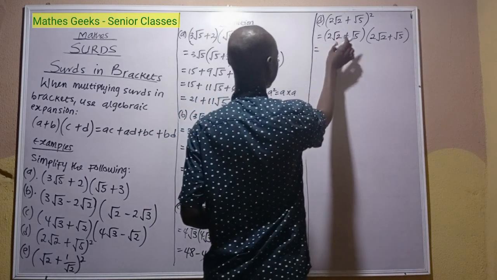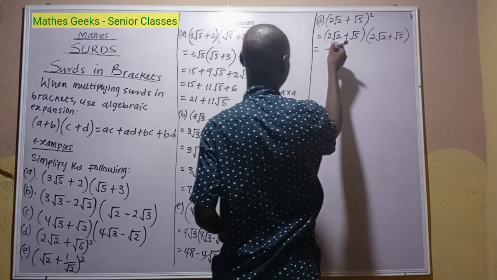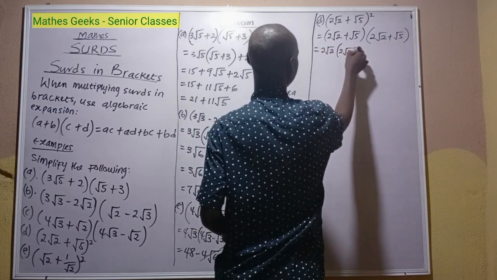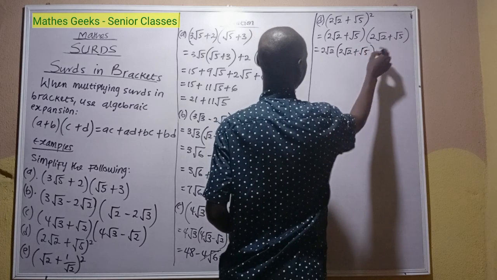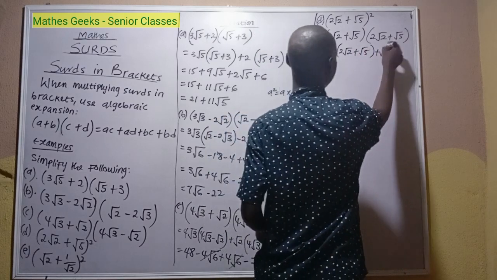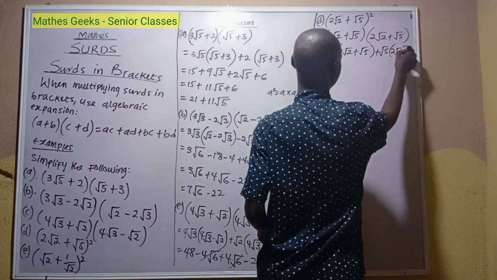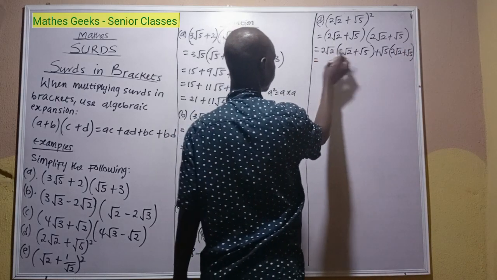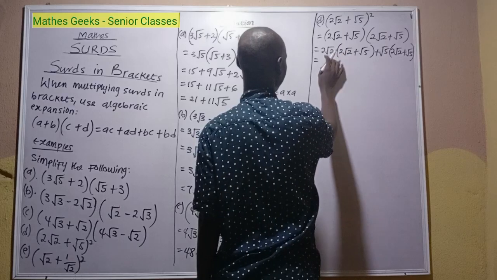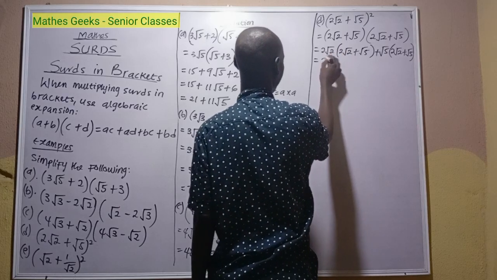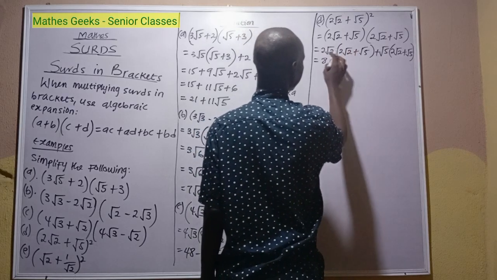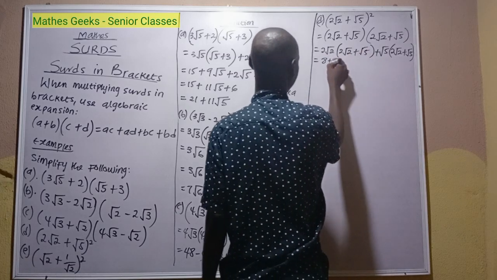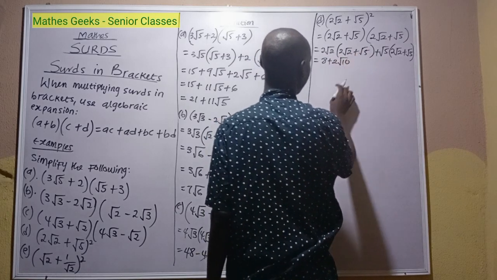So let's go on to the first term, and multiply everything in the second bracket. 2 times 2 is 4, 2 root 2 times root 2 is 2 times 2, which gives 8, and 2 root 2 times root 5 is 2 root 10.